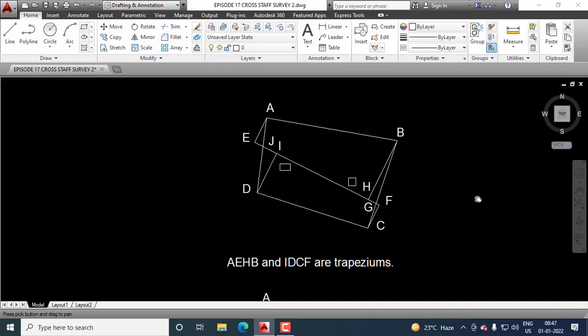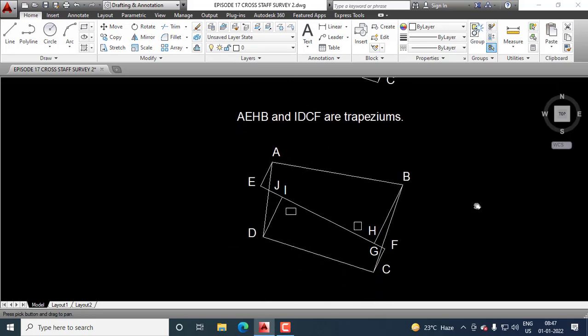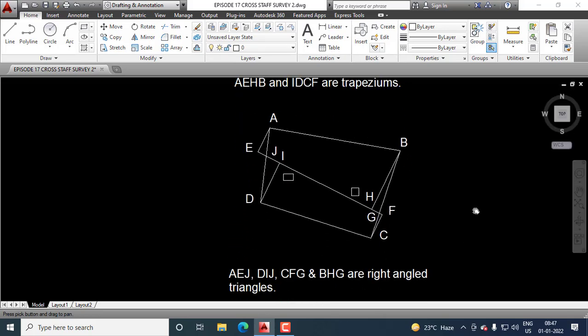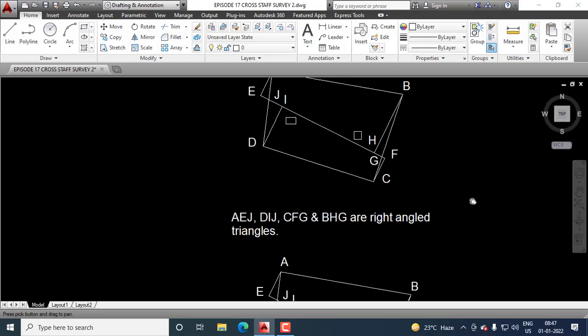AEHB and IDCF are the trapeziums. AEJ, DIJ, CFG and BHG are right angle triangles.